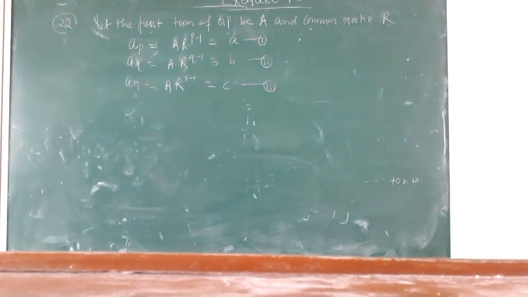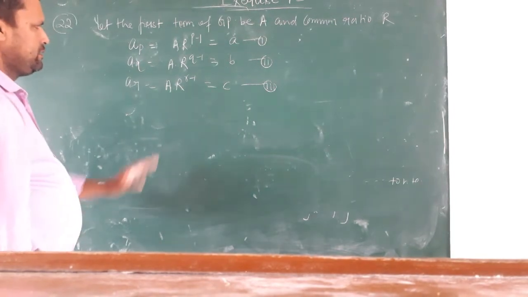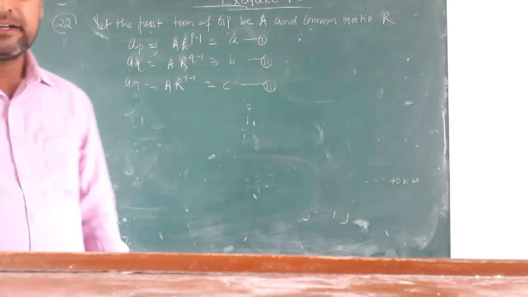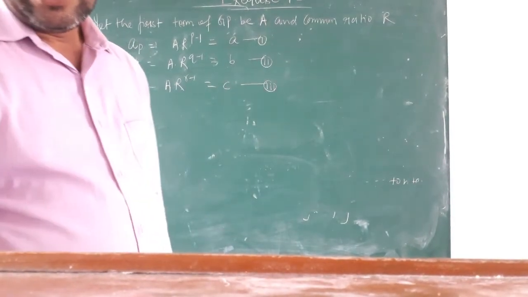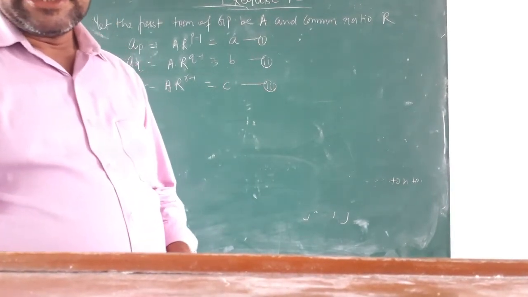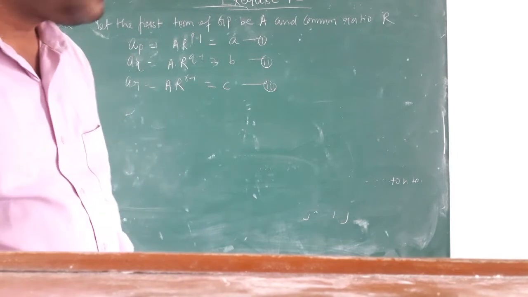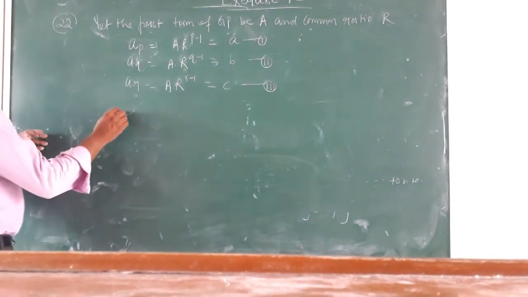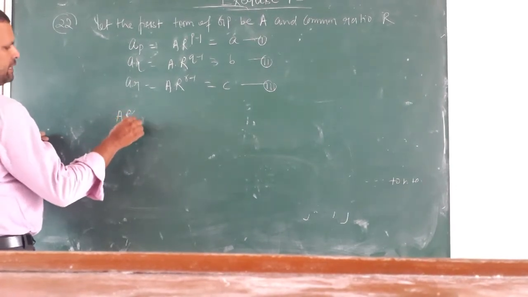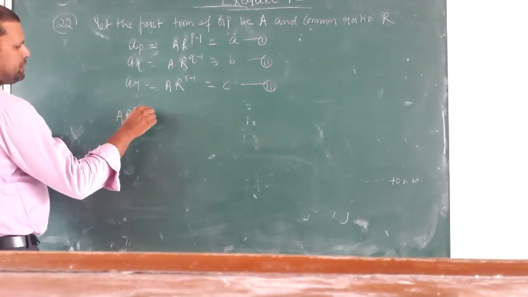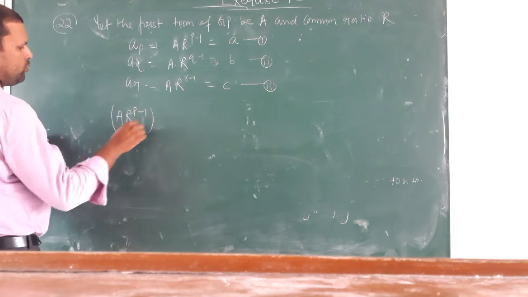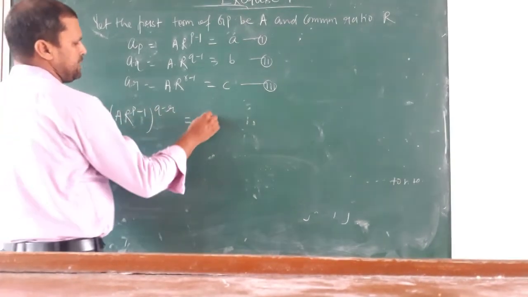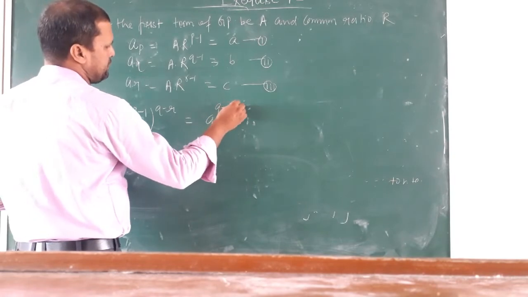Now, these are the given information. What do we need to prove? A to the power q minus r. So we can write A r to the power p minus 1, whole to the power q minus r, which becomes a to the power q minus r.